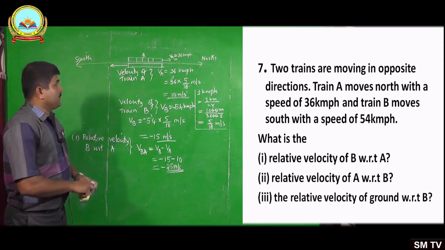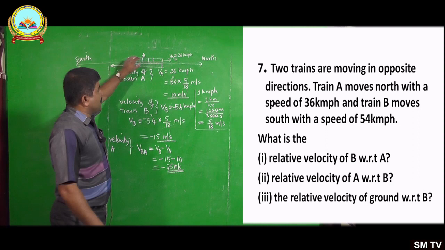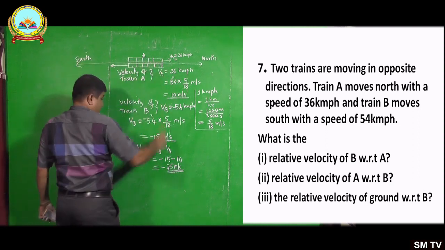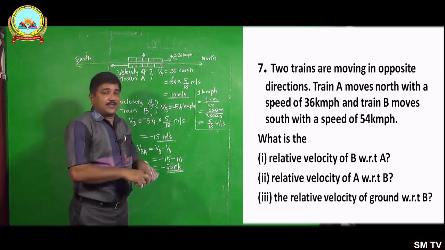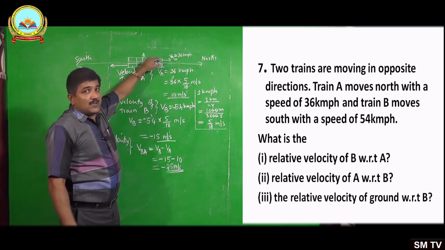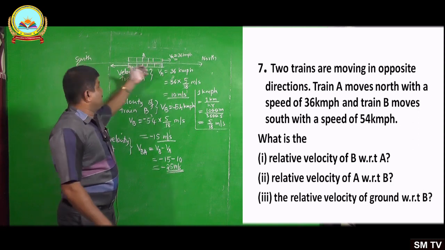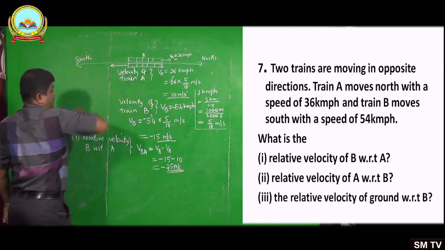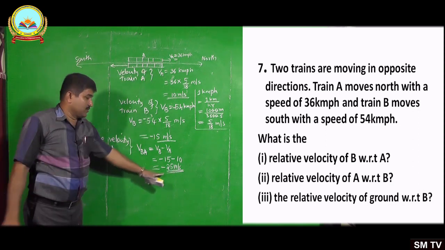That means the velocity of train B looks negative, meaning for train A, train B looks like it is moving in the opposite direction, towards the south, and its motion along south direction shows a negative sign.